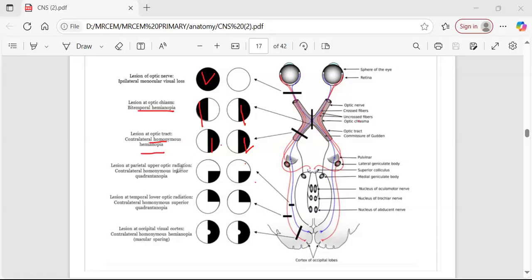Okay, and then the parietal optic radiation, contralateral known as inferior quadrantanopia. And for the temporal lower optic radiation, that is superior quadrantanopia. Occipital visual cortex, homonymous hemianopia with macular sparing.